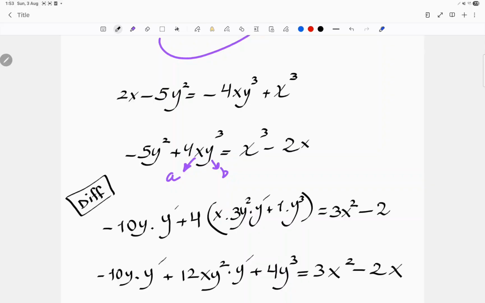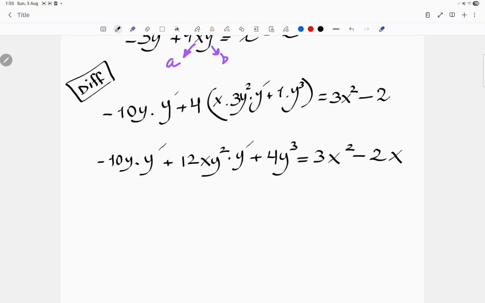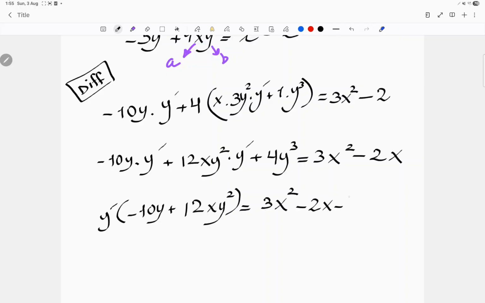Now what's next? You should factor out the y prime on the left and move anything without y prime to the right. So I'm going to factor out the y prime on the left, minus 10y plus 12xy squared is equal to 3x squared minus 2x minus 4y cubed.